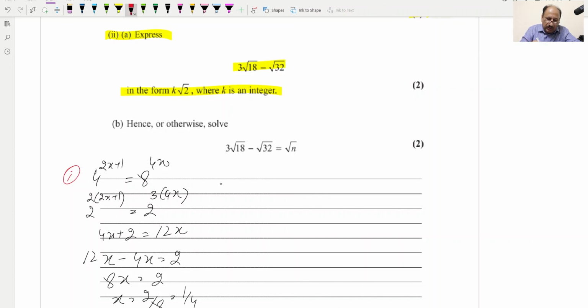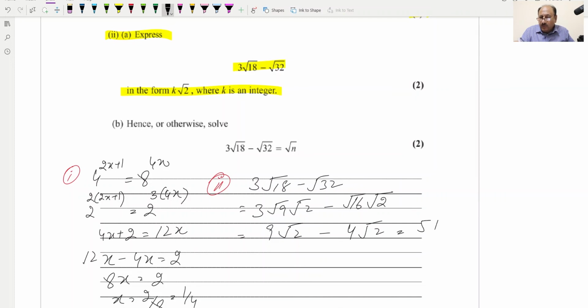So we can write here second part, 3 under root 18 minus under root 32, and we can rewrite it as 3 under root 9 under root 2 minus under root 16 under root 2, and this can be written as 3 into 3 will be 9 under root 2 minus 4 under root 2, and this will be equal to 5 under root 2. This will be our final answer. This is also 5 marks. K value is equal to 5.